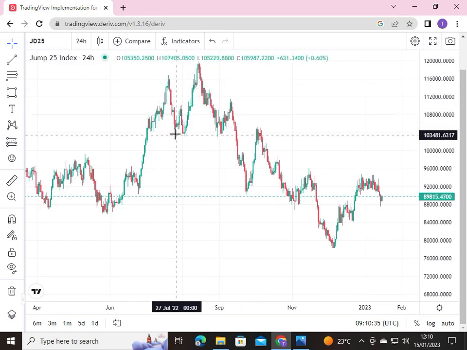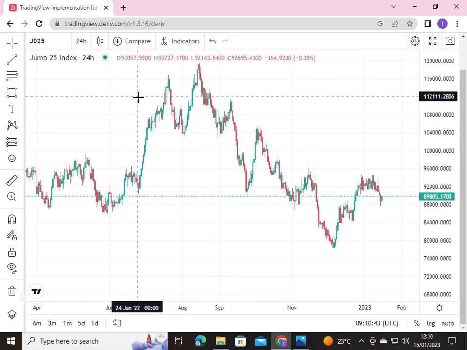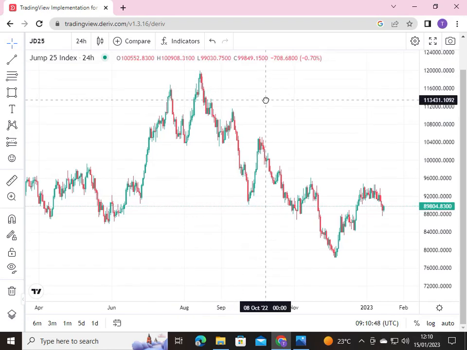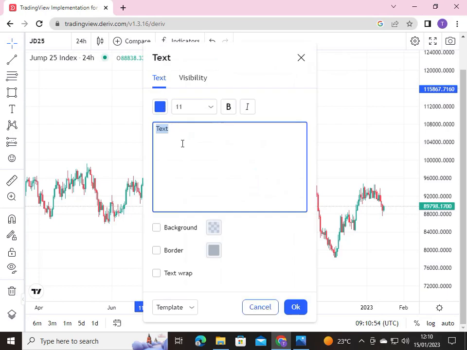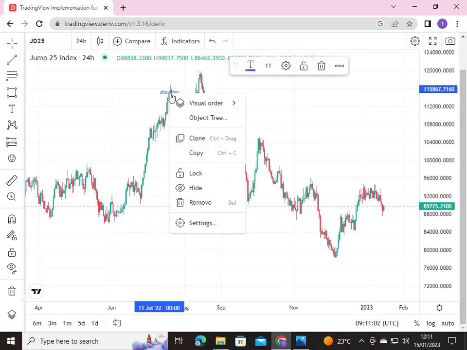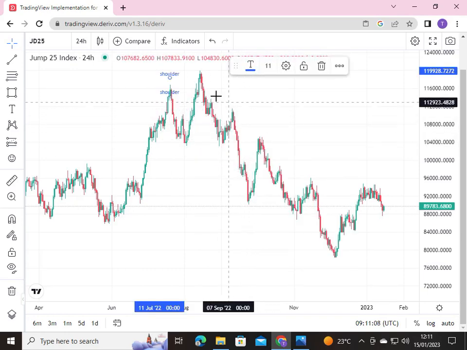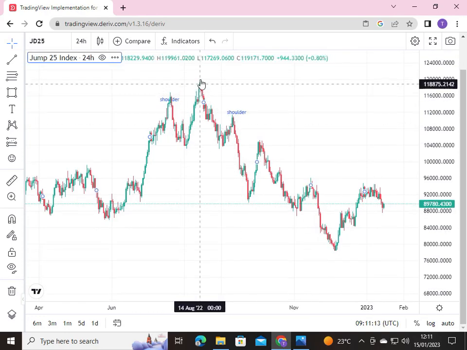technically. Because as you see here, you had a double bottom, you go there. This one and this one, you go there. You can also see a head and shoulders. This is the shoulder, this shoulder, and now this one is the head.